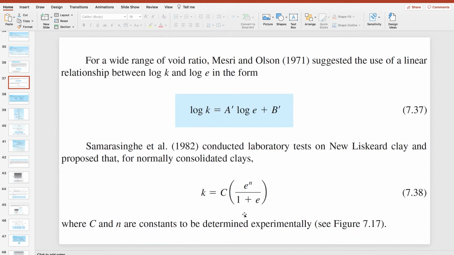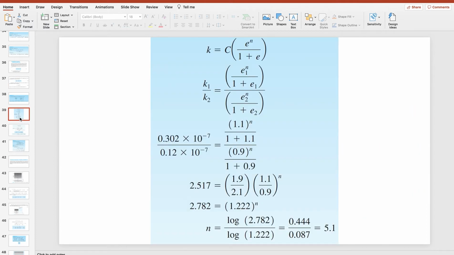So this is 7.38. K is equivalent to C raised to e^n over 1 plus e. So this is a simple ratio and proportion.